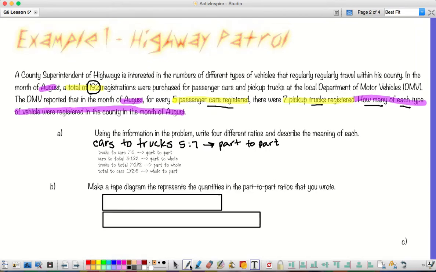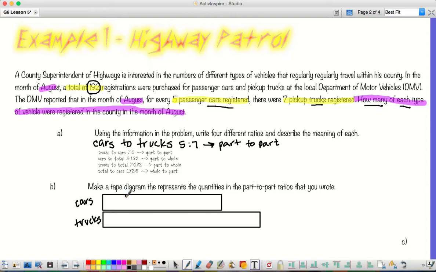All right, so now I have to go and label. So here are my number of cars and trucks. Now, I know because it's part to part, I don't want to do the 192, that's total. I'm just doing the ratio of cars to pickup trucks, and that is 5 to 7.